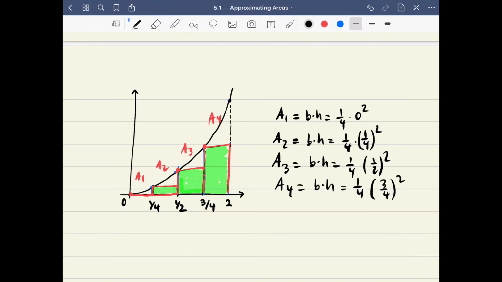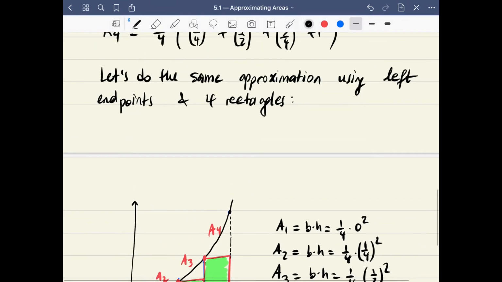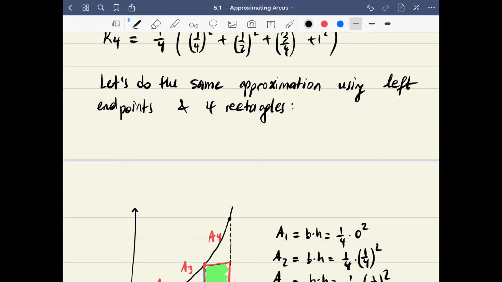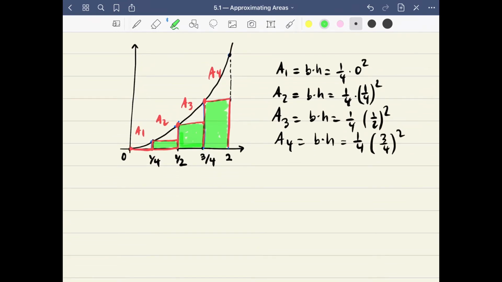And by the way, this approximation is also called L4 because of the left here and this 4 here. So we are also going to denote this by L sub 4. So the area is approximately L sub 4, which is equal to A1 plus A2 plus A3 plus A4.